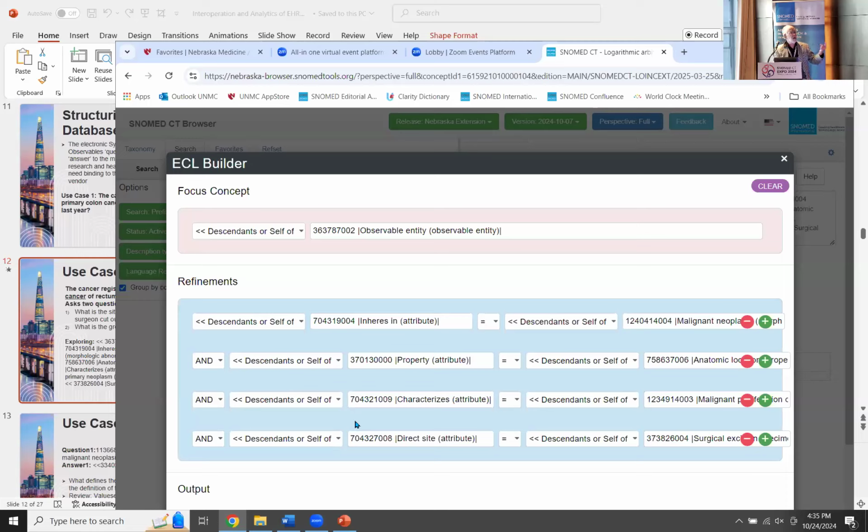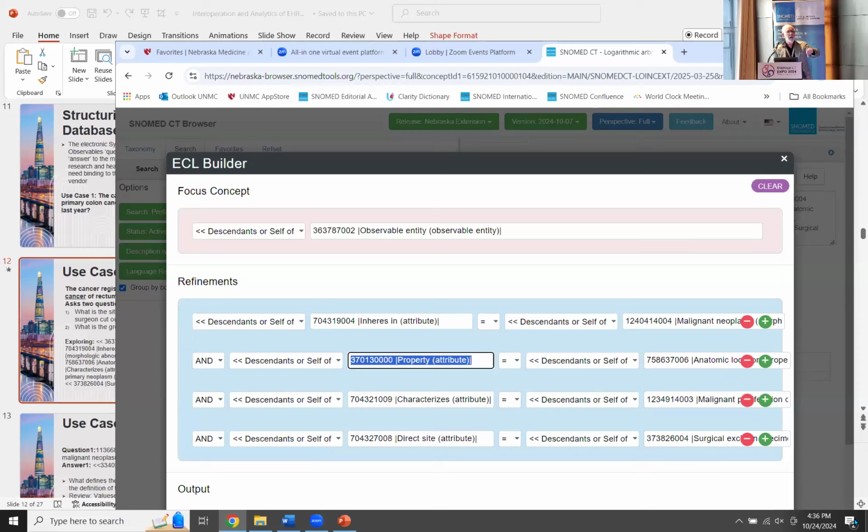Now, what we're asking for is the site of the tumor. And for that, in order to describe that or to identify that type of information, we go and define the property, okay, of anatomic location property, all right? This is a new property that was added for anatomic pathology, all right?